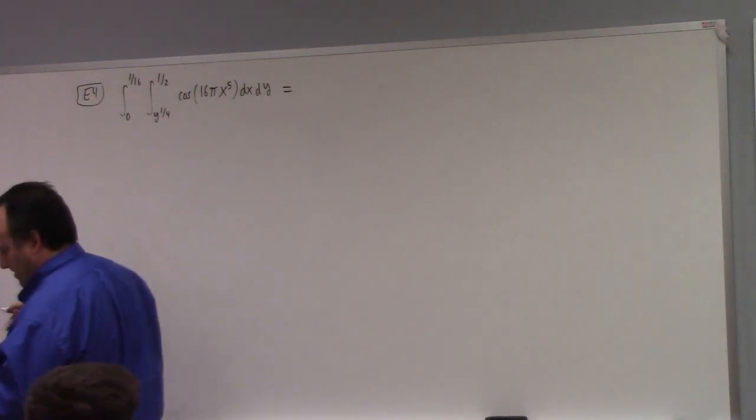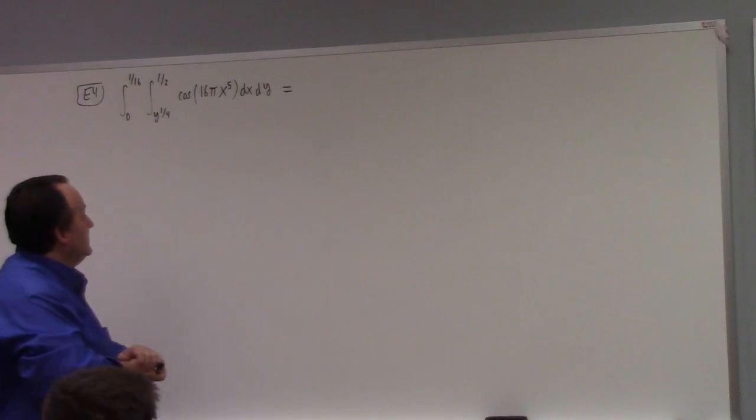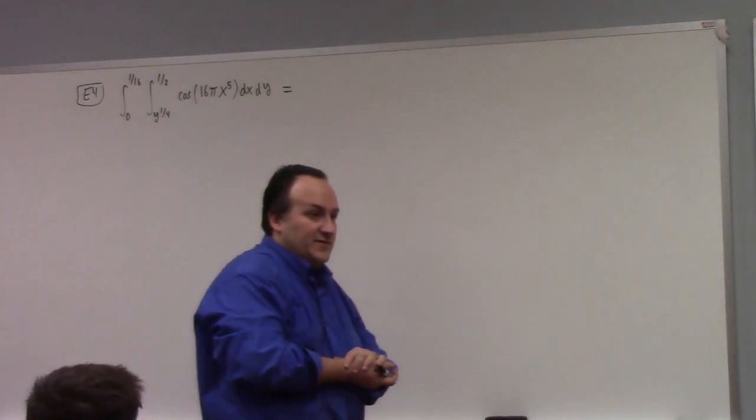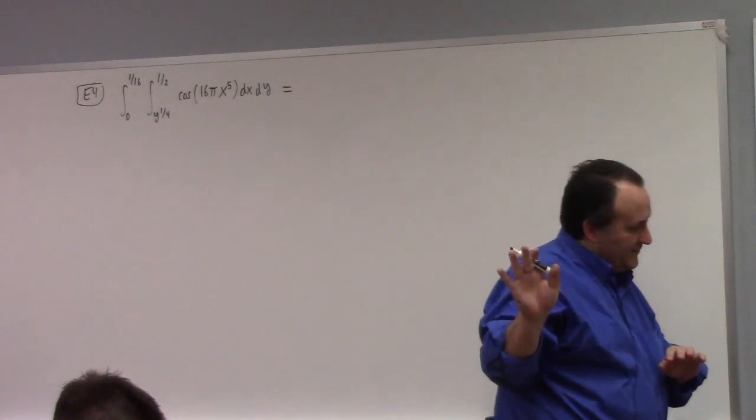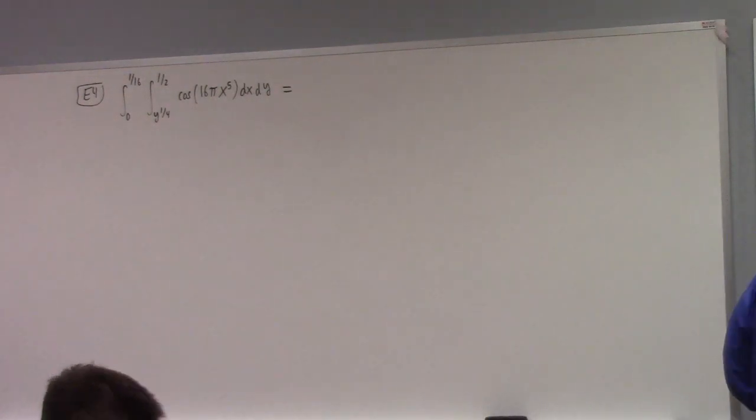So can we just do this integral? I personally do not know how to calculate the integral of cosine of x to the 5th. Now, power series, I know. Fair enough, you could just convert it to a power series and do it.